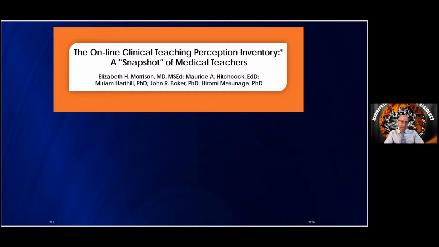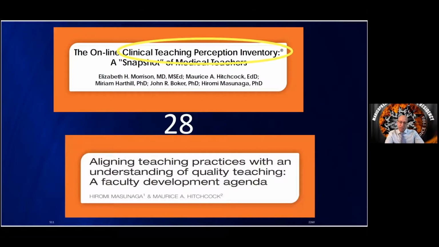They took about 500 residents and faculty and identified top descriptors for ideal clinical teachers. This was then followed by a wonderful article by Massanuga, who looked at 1,523 residents and 737 faculty members and ranked 28 single word descriptors that characterize clinical teachers along a 7-point scale.